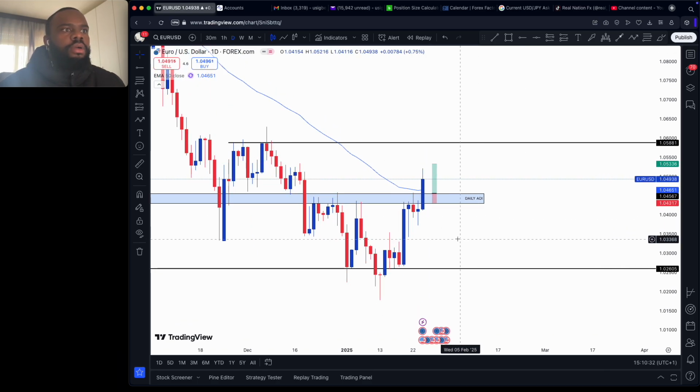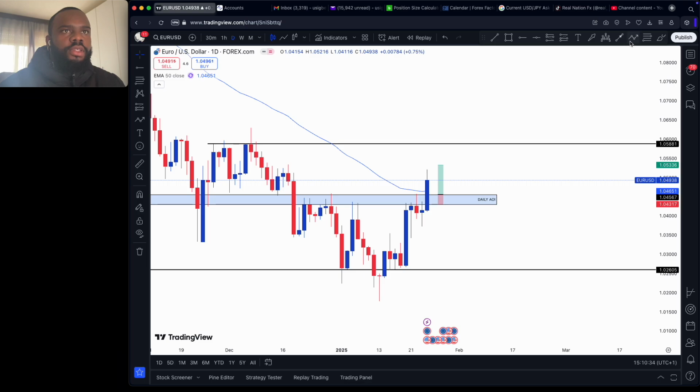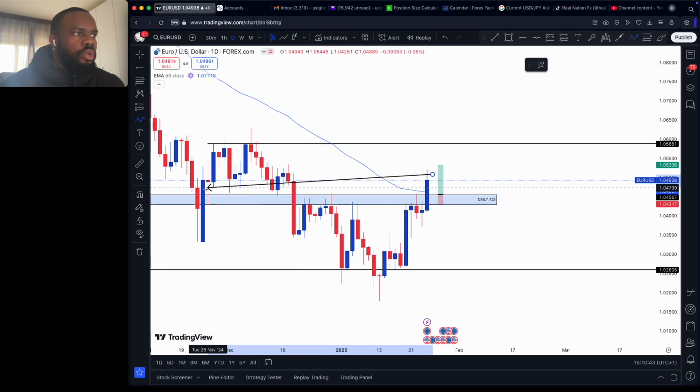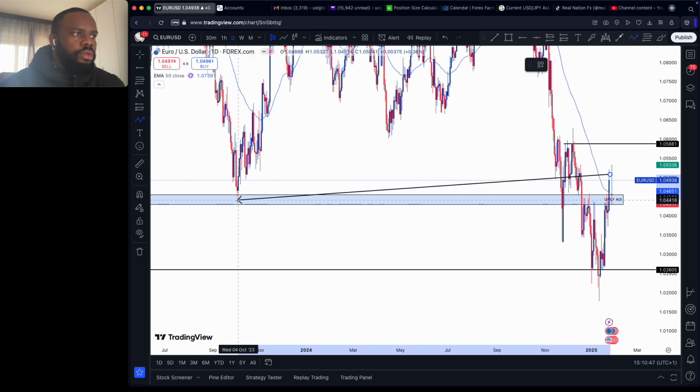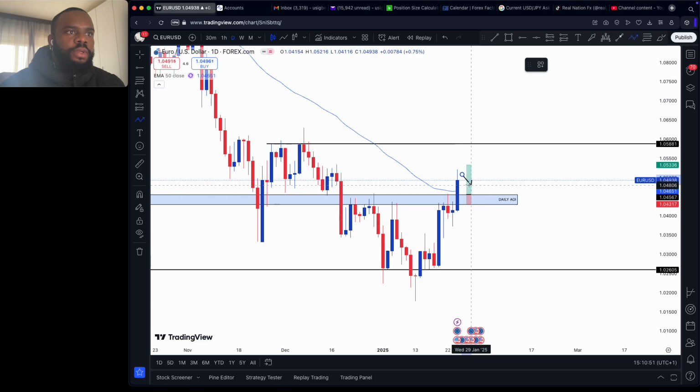So now what I'll be waiting for is price to pull back, retest this structure, this resistance, then support here. If you check backwards, you see it was a major support over here also. So what I'm waiting for is price to retrace back, retest this zone to push to the upside.